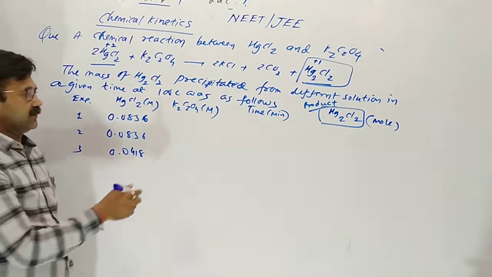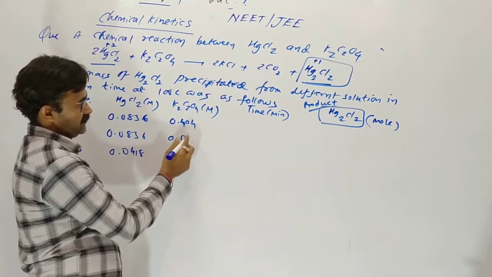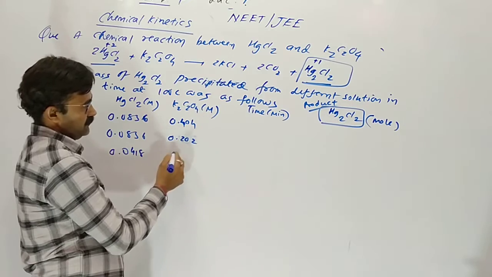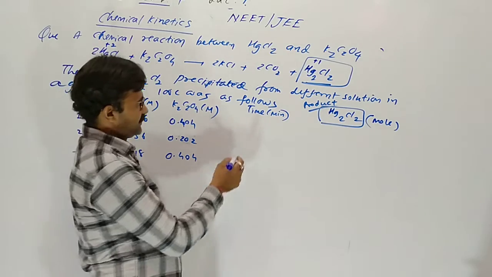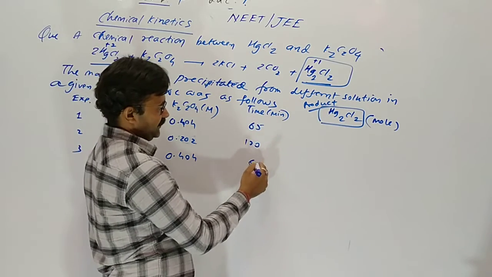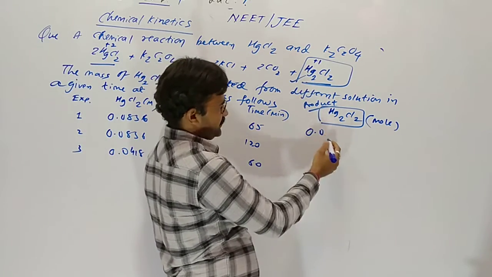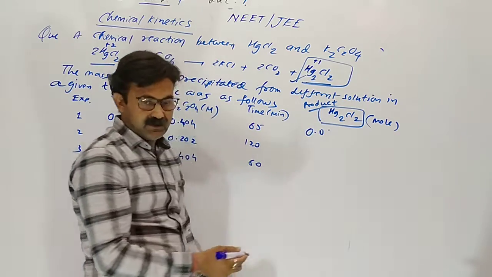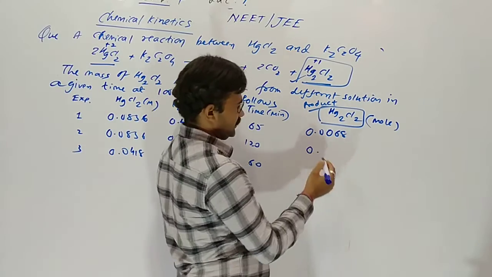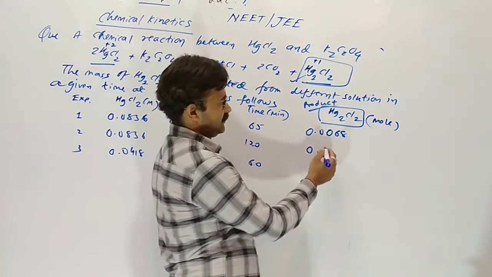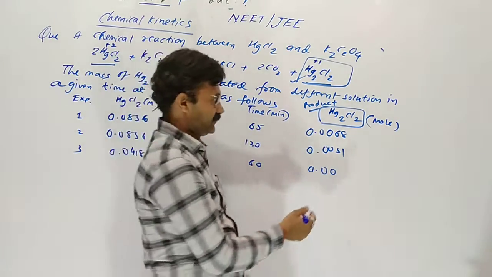Potassium oxalate is 0.404, here 0.202, and 0.404. Time is 65 minutes, here 120 and here 60. The occurred mole of product is 0.00068 and here 0.0031 and 0.0032.